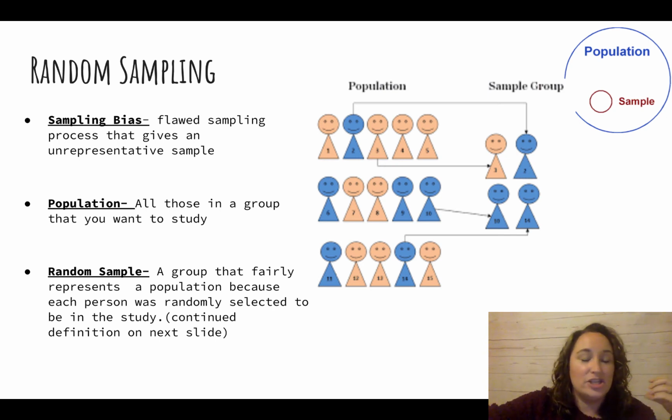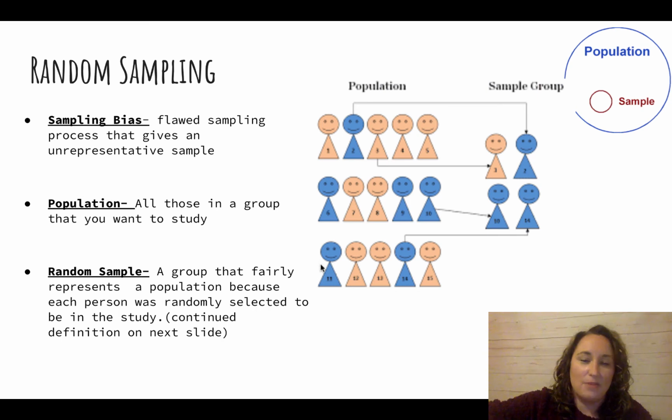If I am teaching Psych 101 at a local university and I'm just studying the people in my class, that is not a random sample. So a random sample fairly represents the entire population of people. So that would be more collecting from a variety of universities, a variety of levels of college, different majors, etc.